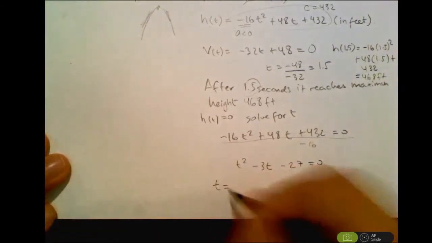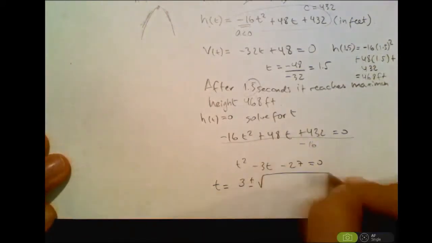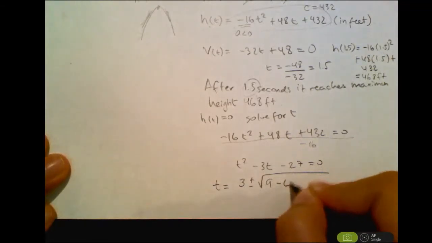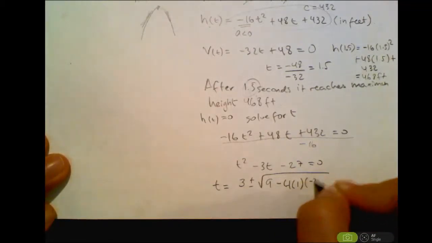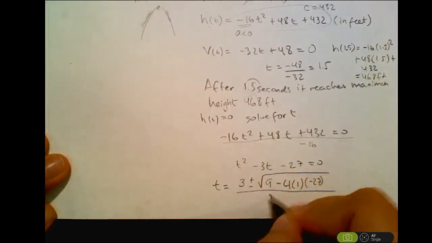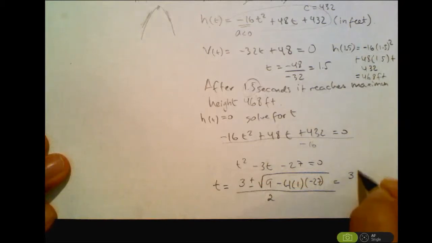With the quadratic formula, you have negative b, which would be positive 3, plus minus the square root of b squared, which is 9, minus 4 times 1 times negative 27, over 2a, which is 2. So it would be 3 plus minus 3 rad 13 over 2.